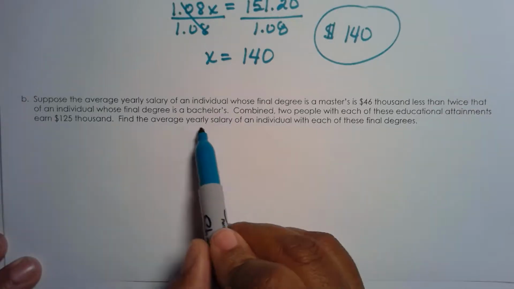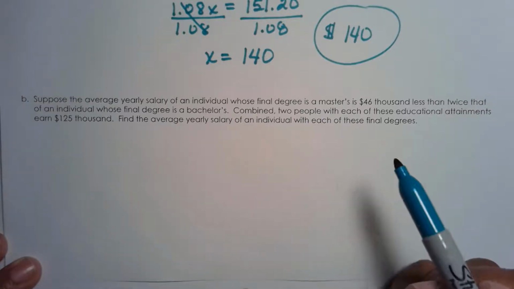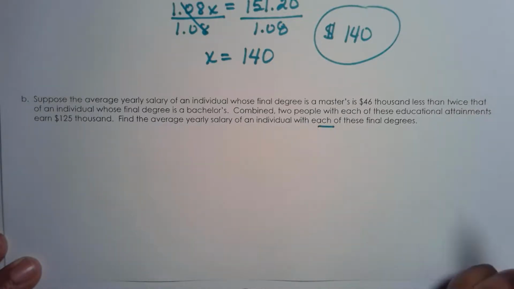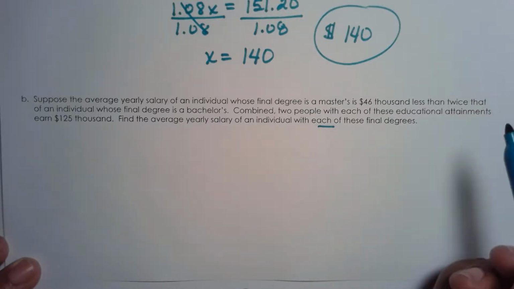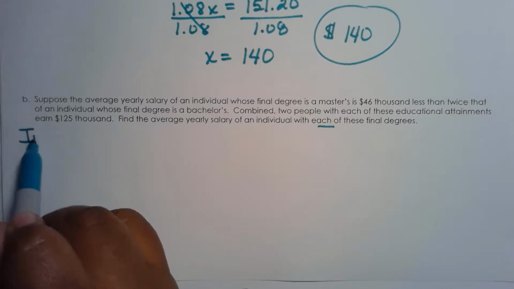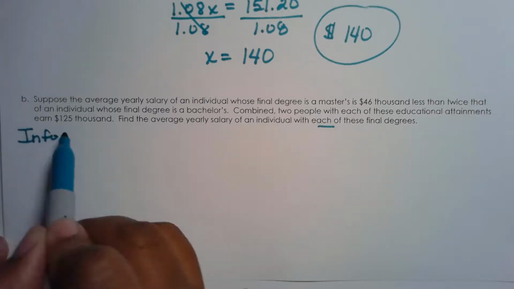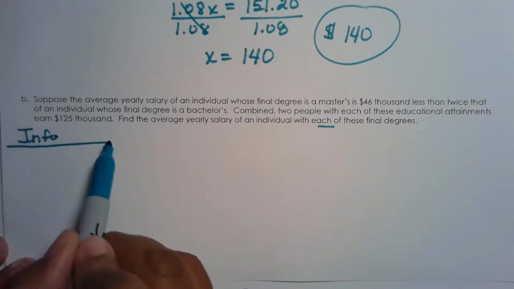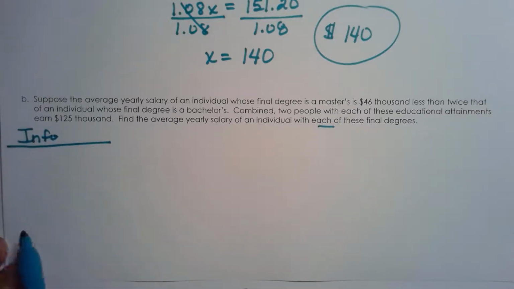Find the average yearly salary of an individual with each of the final degrees. Okay, so we're going to have to set up what I call my information box, some information that's needed at the beginning that we're going to use to answer the question at the end.